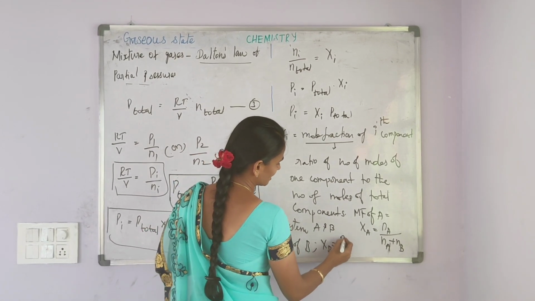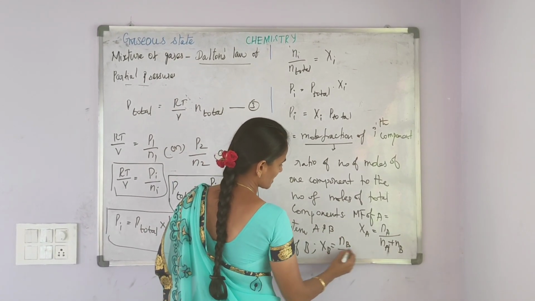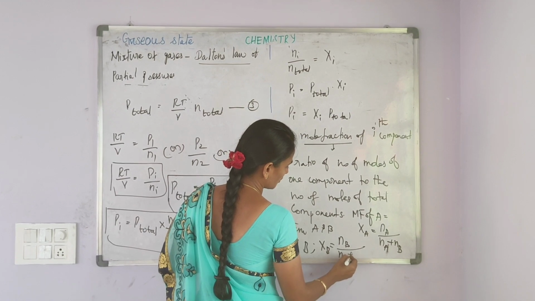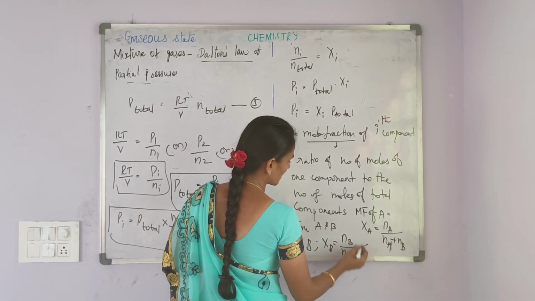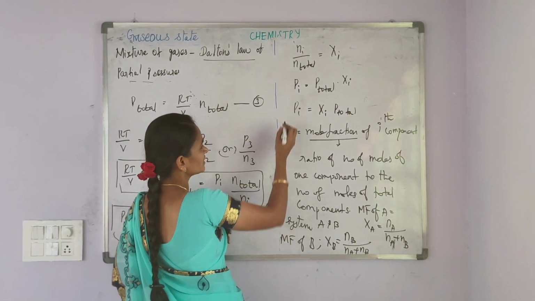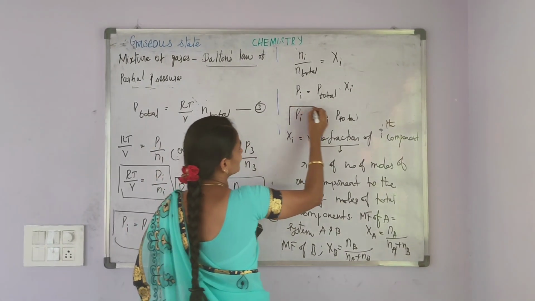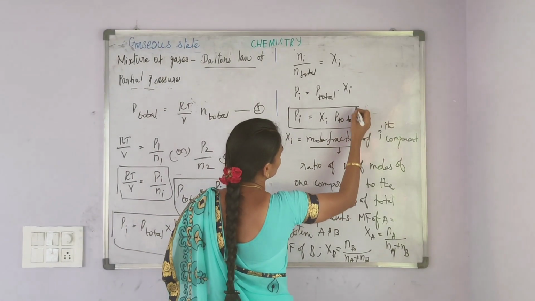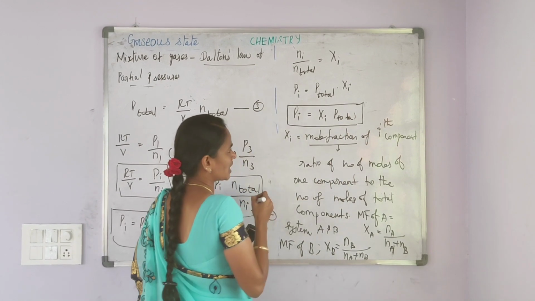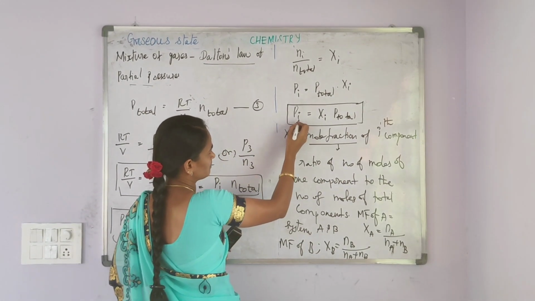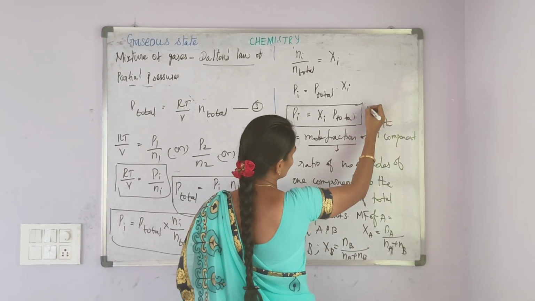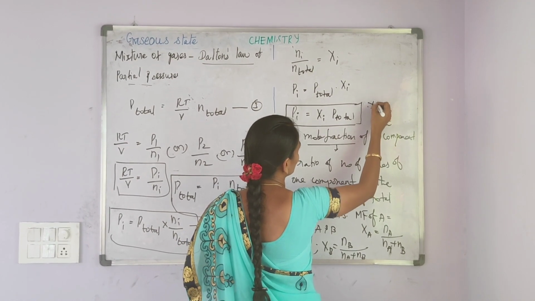Xb is equal to number of moles of B divided by number of moles of A plus number of moles of B. Finally, by using Dalton's law of partial pressure, Pi is equal to Xi into P total.